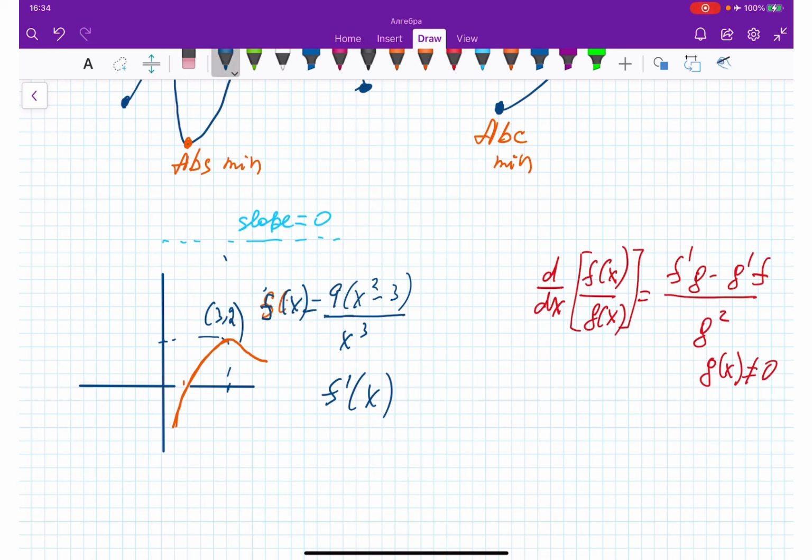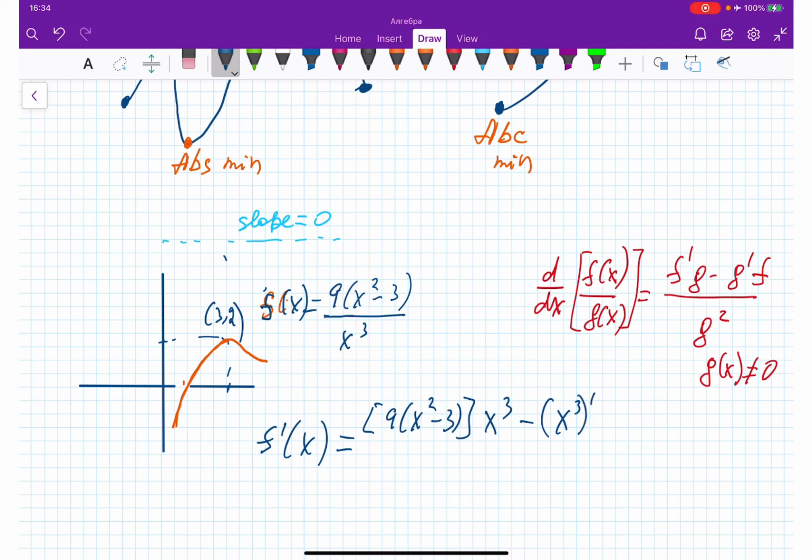So first we are going to take the derivative of the numerator, right? It's gonna be the derivative of 9x squared minus 3 times x cubed, minus the derivative of x cubed times 9 times x squared minus 3, and divided by x cubed to the power 2.